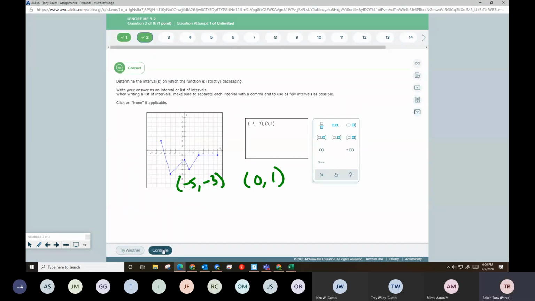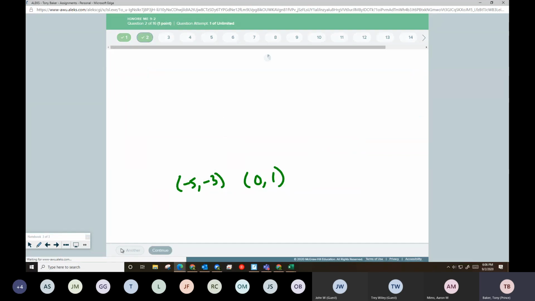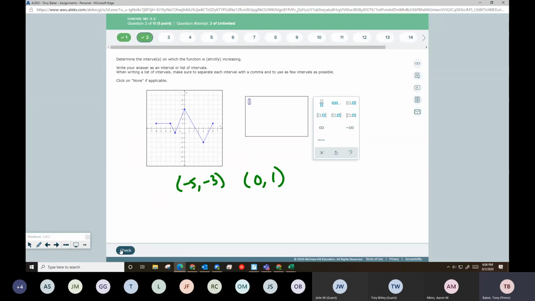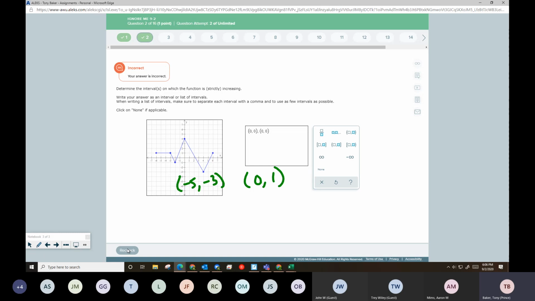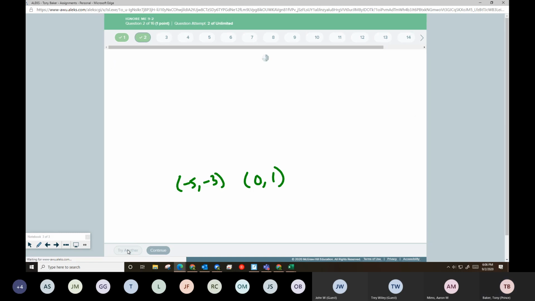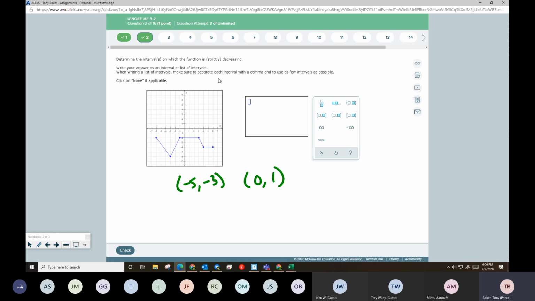If it said constant, let me see if I can find one that says constant. If they said constant, I'll show you what it means by constant.